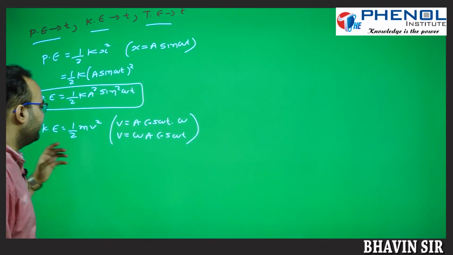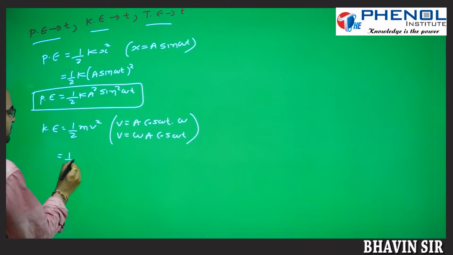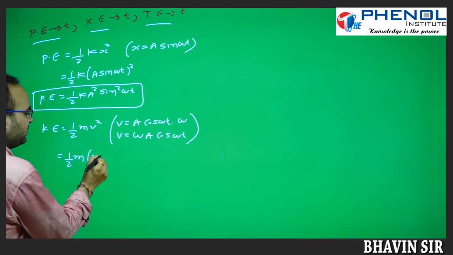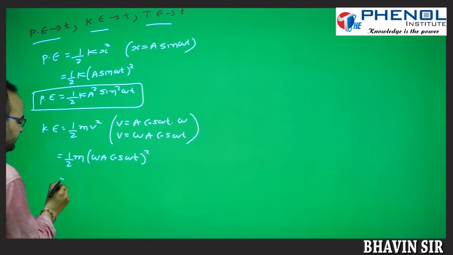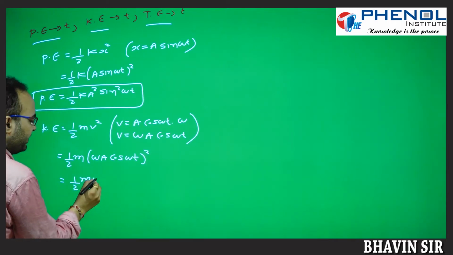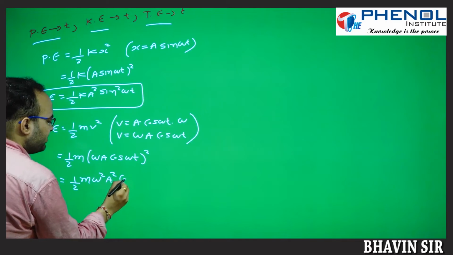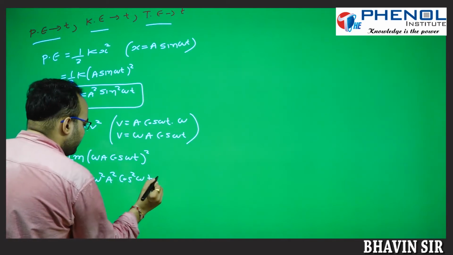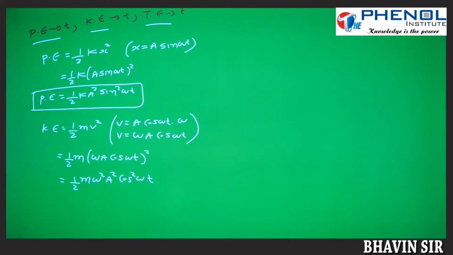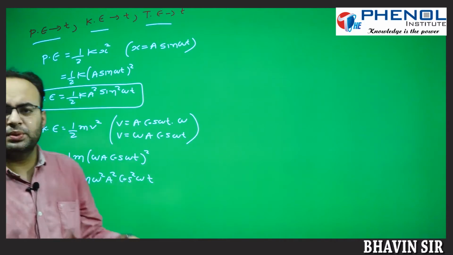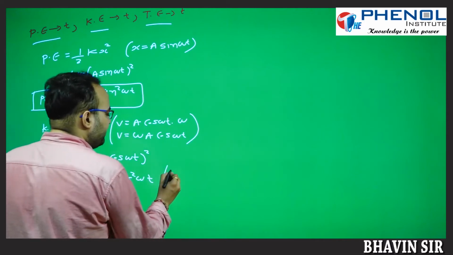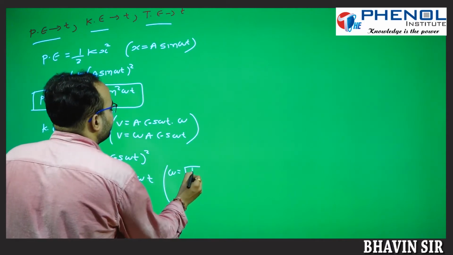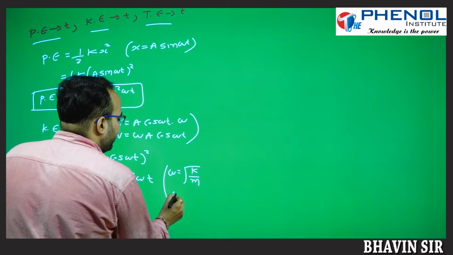Now place it here. So half m omega square A square cos square omega t. Now what is omega? Omega is equal to root k by m.